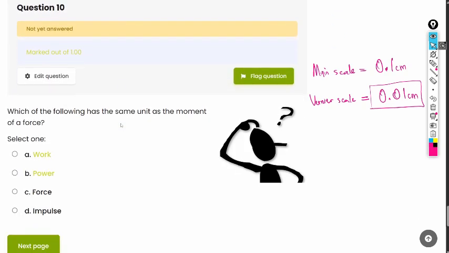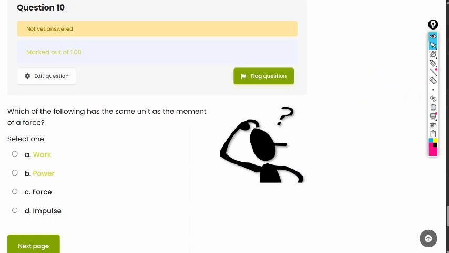That's question 9. Question 10 says, which of the following has the same unit as the moment of a force? So moment is basically what? Force times distance, which is Newton meter, right? Impulse is force times time, which you could say is Newton seconds.